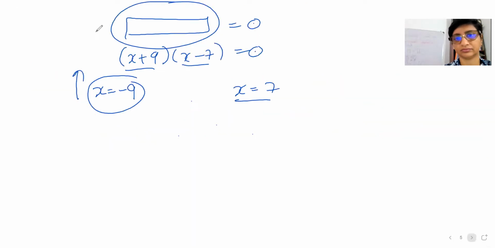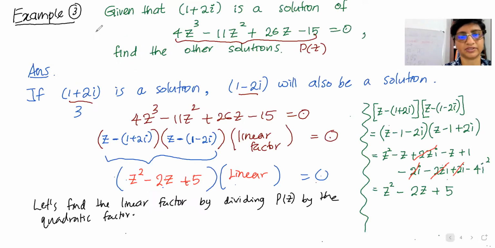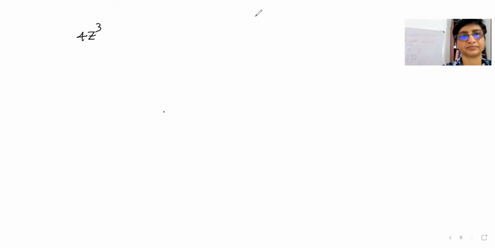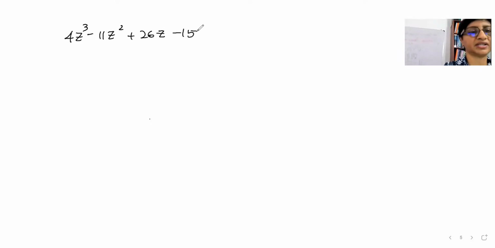So 4z cubed minus 11z squared plus 26z minus 15, I will divide by z squared minus 2z plus 5.